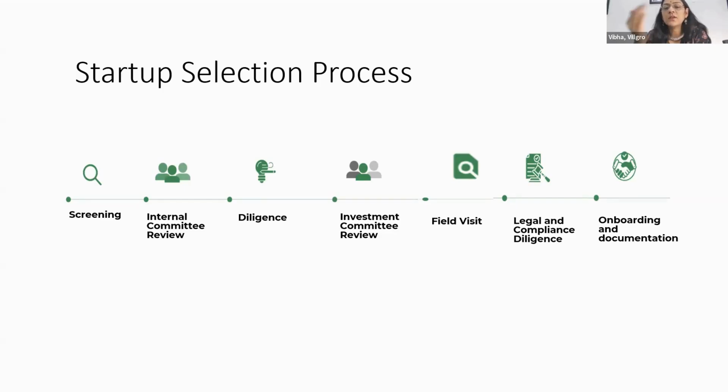Post that, we will do a field visit where we verify whatever it is that we have heard from the enterprise, and we engage a third party to do the legal compliance and diligence. And when those are clear, we do the onboarding. So the financial piece comes in the third step, which is the diligence, before we take it to the investment committee.